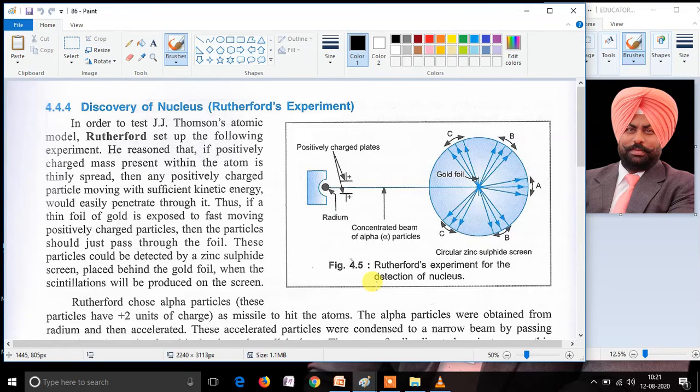So he conducted the experiment to get the arrangement of electrons and protons inside the atom, that is to say, how the electrons and protons are arranged in an atom.